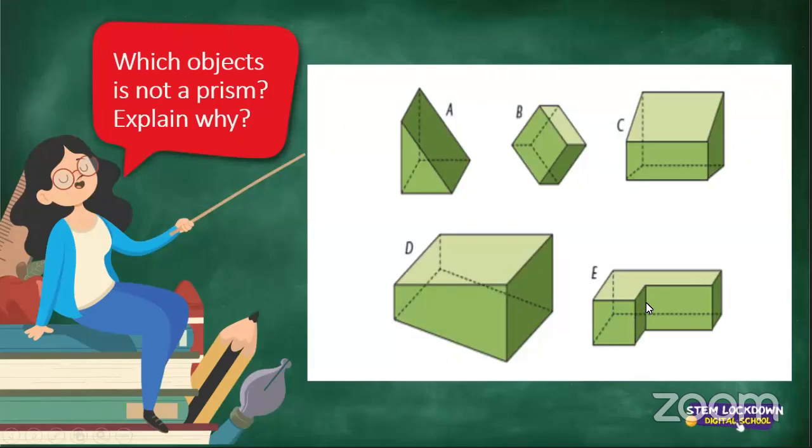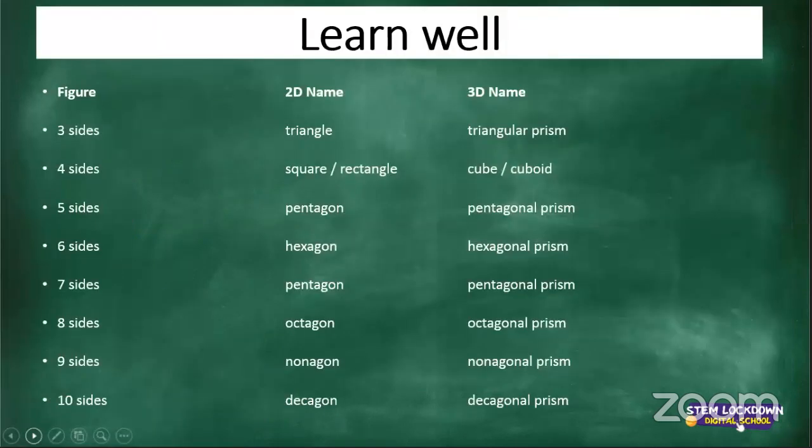So also is E. E is not a prism because of the front face that looks like an L. So those are the ones that are not prisms. Okay, moving on to our next slide.